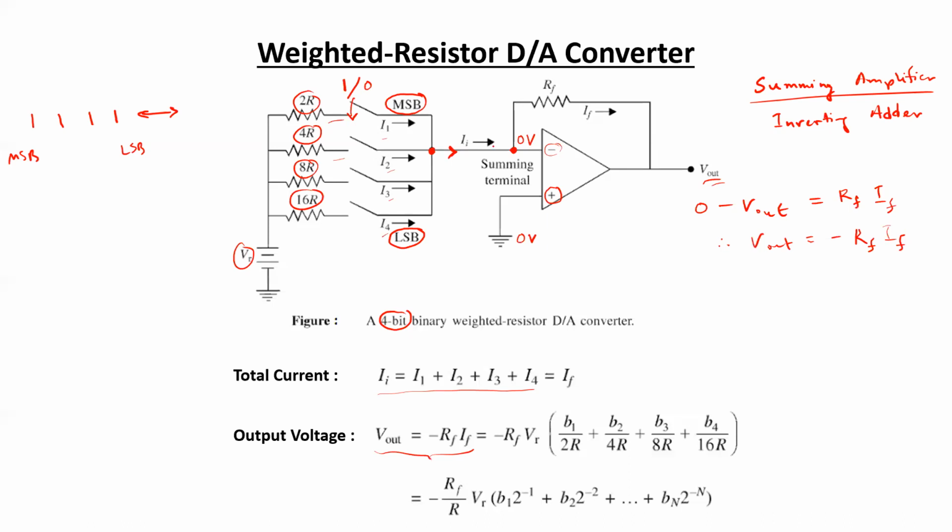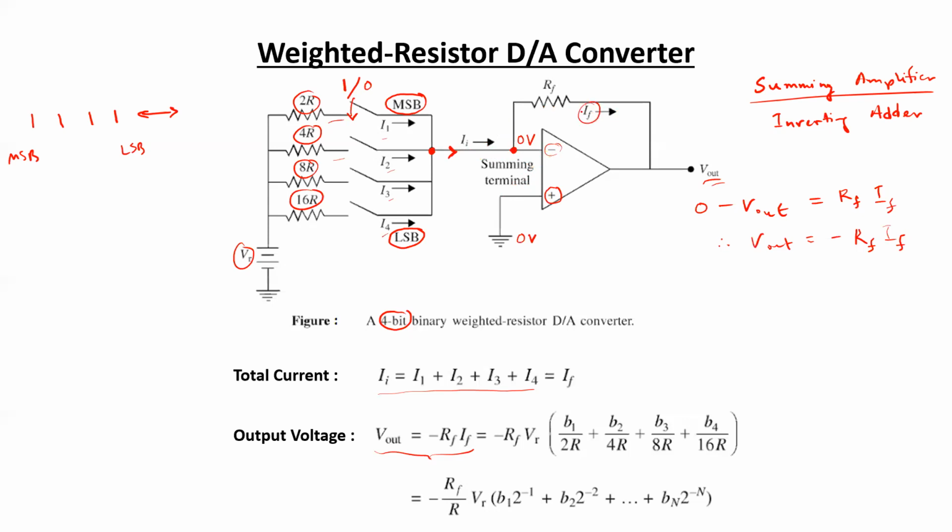Now, this current IF is not going to flow through these two terminals of the op-amp, I mean, the inverting terminal or the non-inverting terminal. So no component of the current is going to pass through these two terminals. So the entire current is going to flow through the feedback resistor RF.